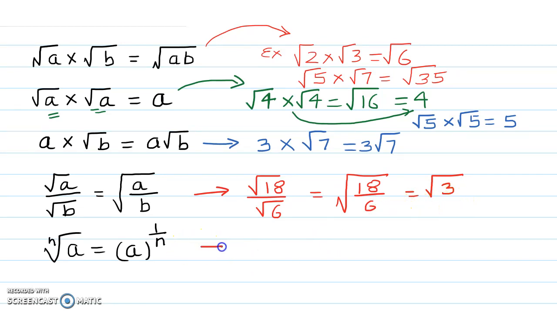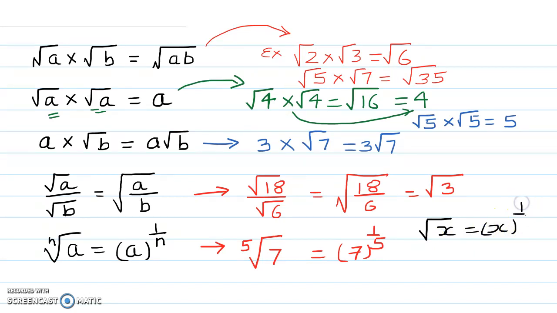Now, the rule for this one: if it is the fifth root of 7, yeah, 7 stays and this 5 comes like this, 1 over 5. One thing I need to tell you here: when you are doing a square root, like the square root of x, it means x to the power half.